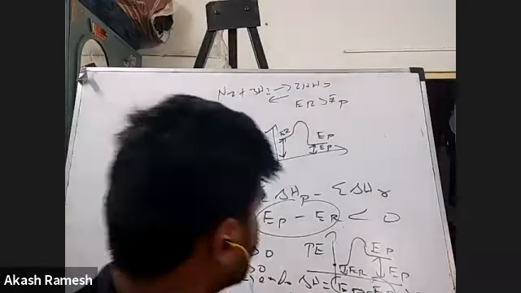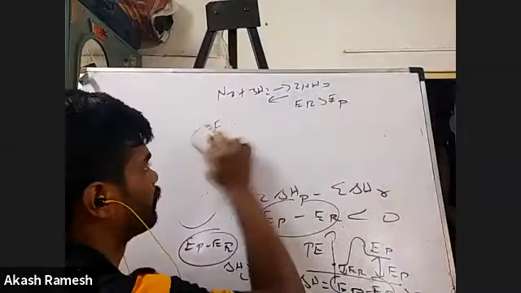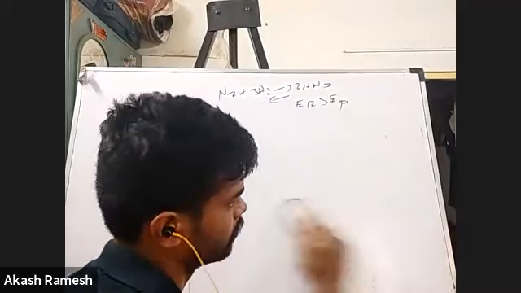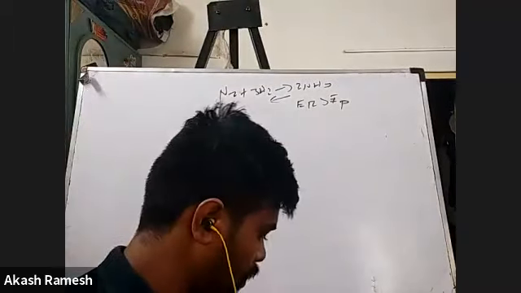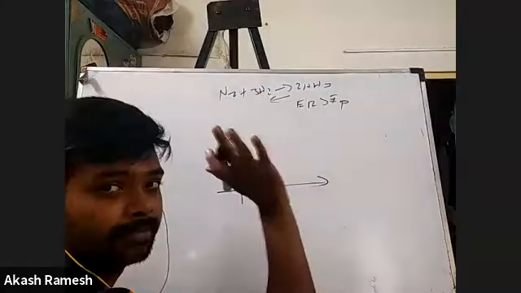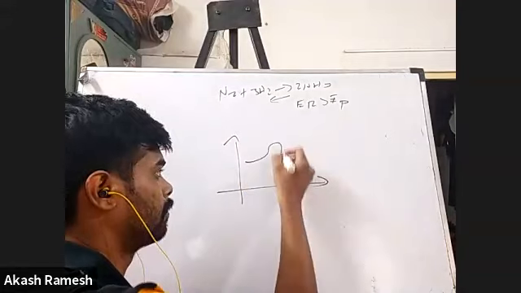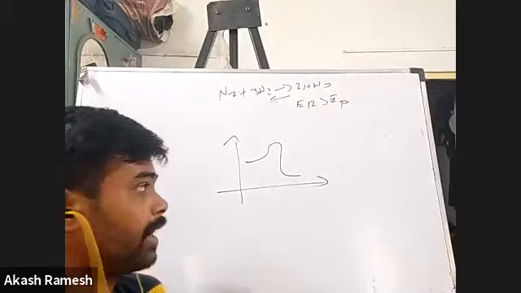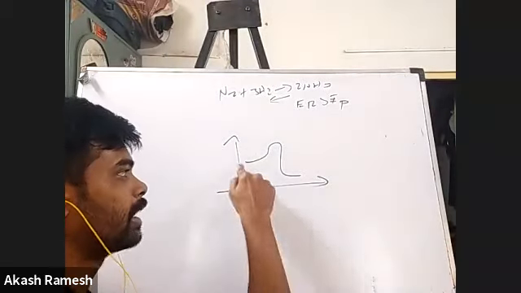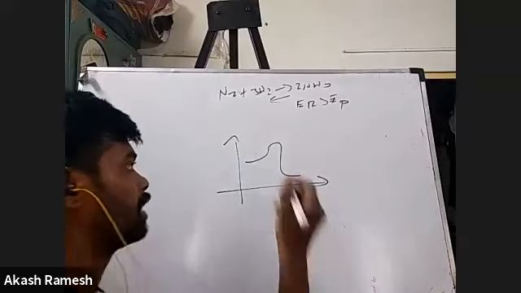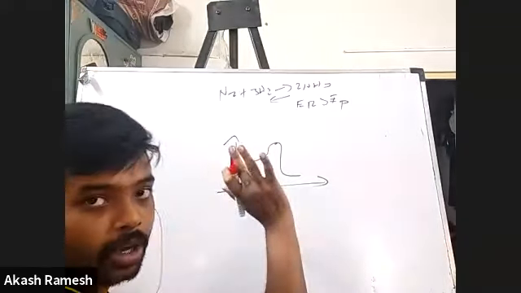Let me draw a new graph for you. I don't know whether it's going to be endothermic, I'm just drawing some random graph. Bear with me. Obviously, this particular curve, until this point, is the activated complex.